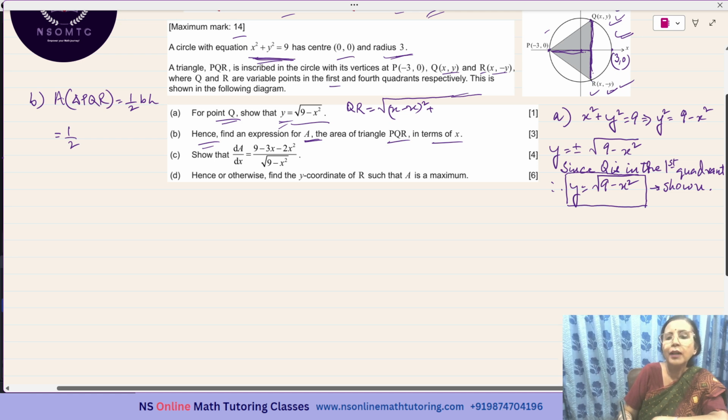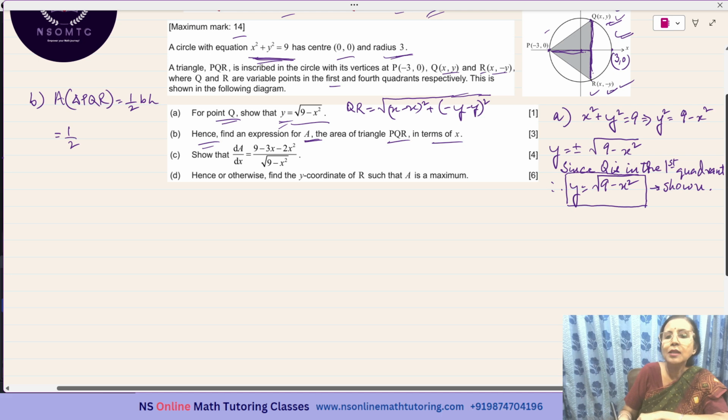So I can write minus y whole squared. It doesn't matter whether you take 2y whole squared or negative 2y whole squared, hardly matters. You will be getting 4y squared.